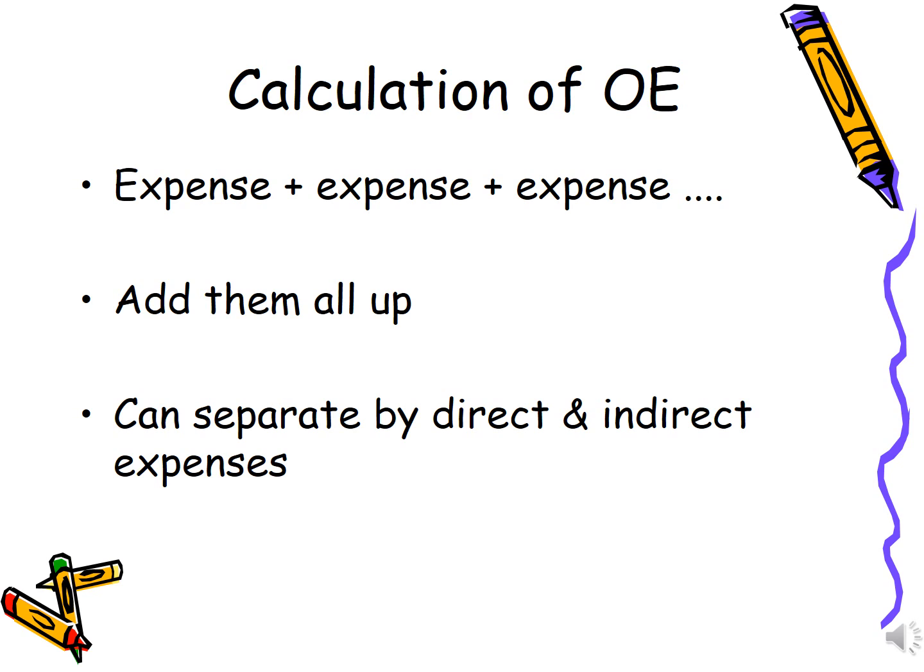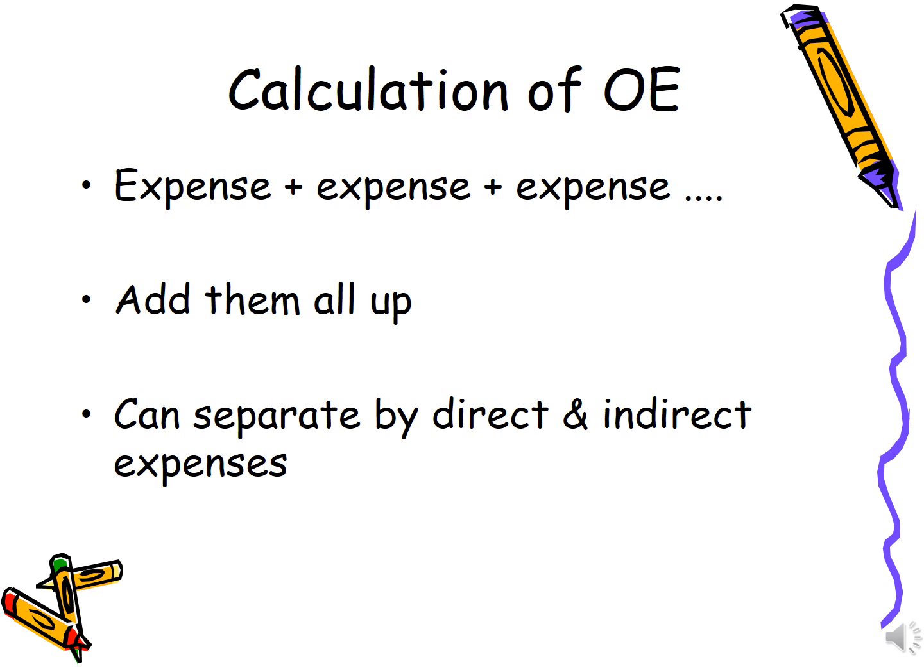The calculation of operating expenses is pretty simple. You just have to add up all the expenses, whether they are direct expenses or indirect expenses. Sometimes we may want to separate them out, by direct and indirect expenses, to see how much we're spending on each, just for the purpose of analyzing our expenses. And in case we need to reduce expenses, then we know whether it's direct or indirect.